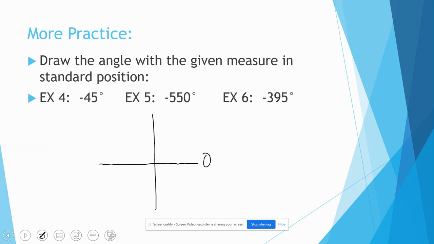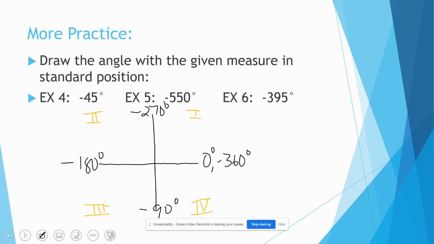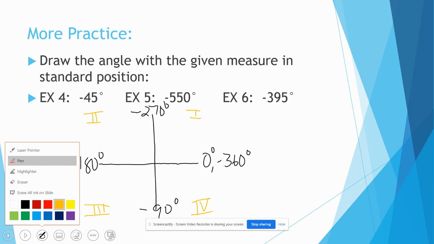Draw and label 0 degrees, negative 90, negative 180, negative 270, negative 360, and quadrants 1, 2, 3, and 4.